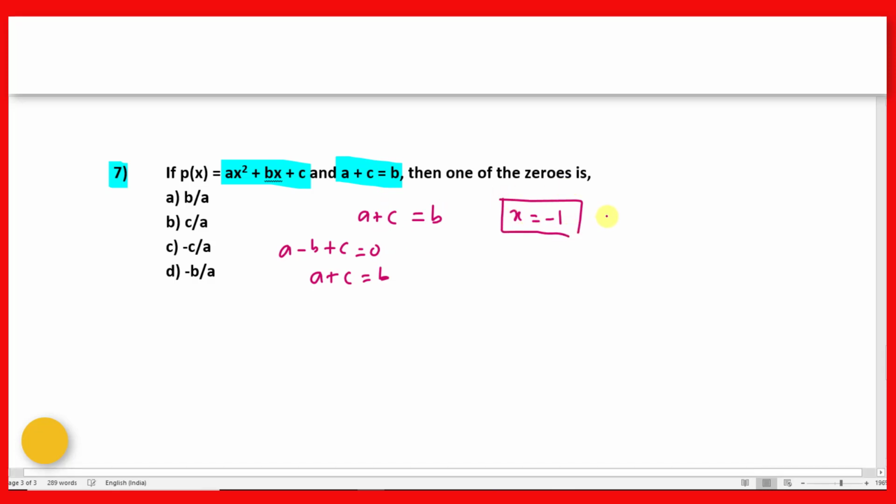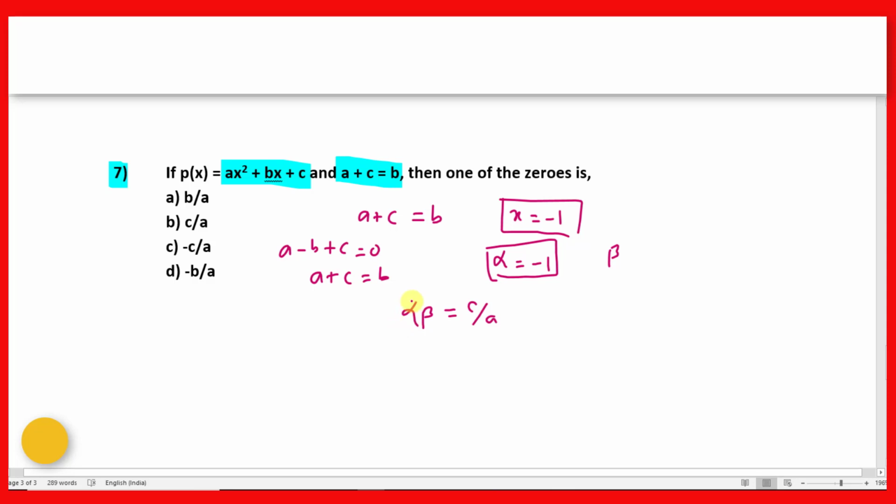It means a plus c is equal to b suggests that x is equal to minus 1. Then one of the zeros is what? So x is equal to minus 1, that is one zero is given as minus 1 to you, and we have to find the other zero, that is beta. So we know that alpha beta is equal to c upon a.